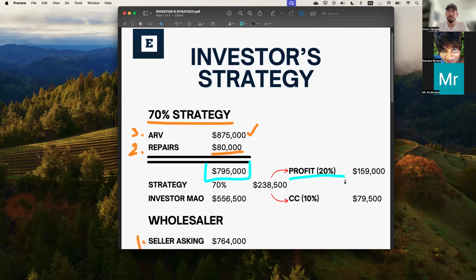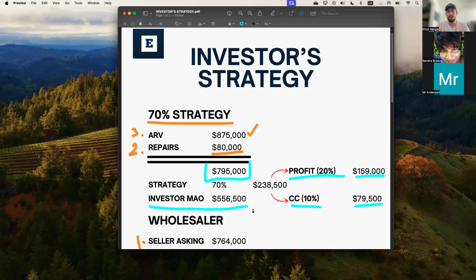One is profit, roughly around 20%, which the investor can make roughly $159,000, and closing costs, which could be 10% of buying the property up front, which is roughly $79,500. So when you multiply that 795 by 70%, it's going to give you this number right here, $556,500.